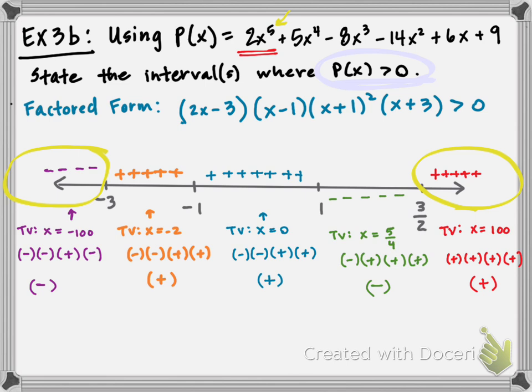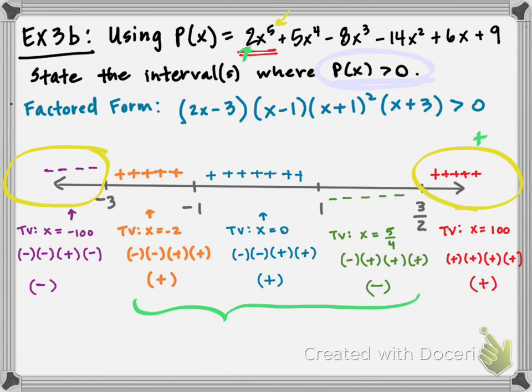And we're dealing with a positive coefficient, which indicates that the right-hand side behavior should be positive. So this sign graph ends up matching what our prediction of our graph would be. What this allows us to do, though, is determine what's happening in the middle.